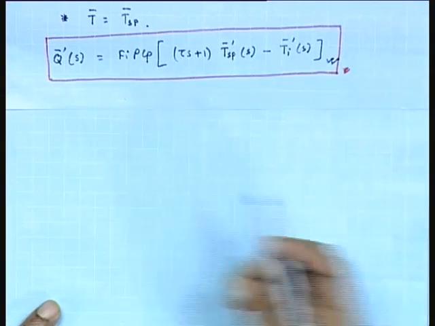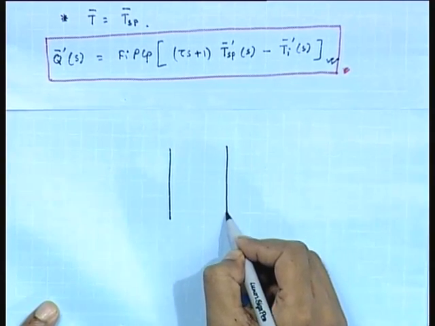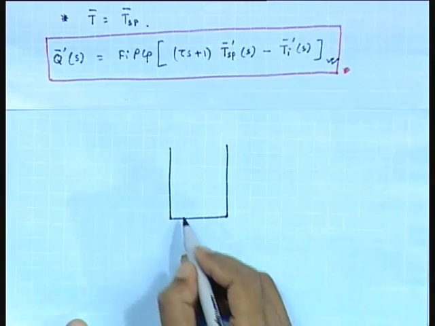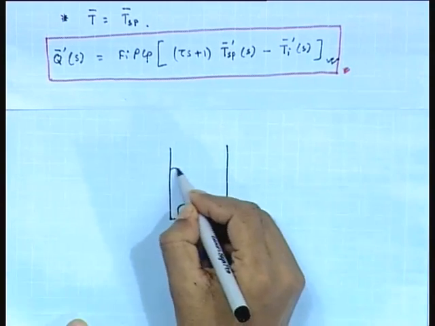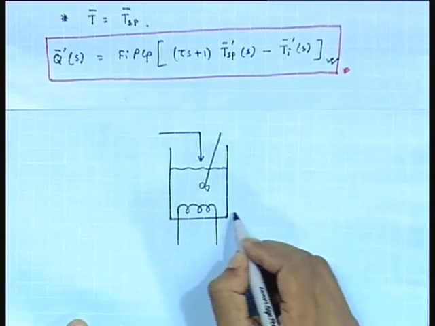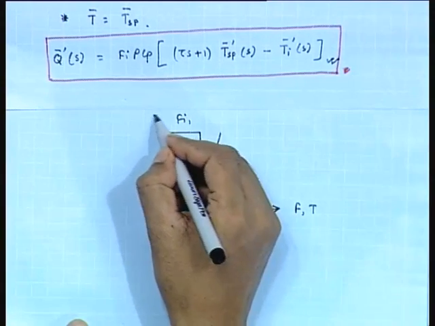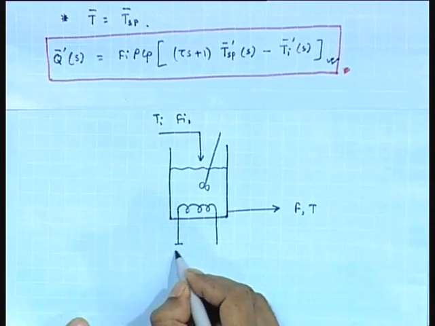In the next step, we will try to configure the feed forward control scheme applying this expression. So, this is the example system.